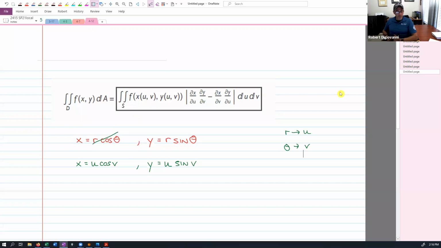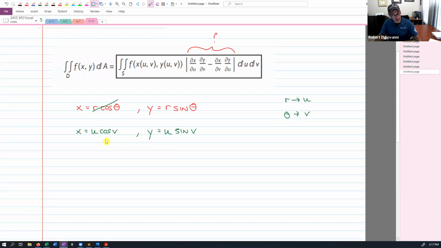Now, according to this formula, in order for us to figure out that part that we have to include, the Jacobian determinant, we need to take the partial of x with respect to u, multiply times the partial of y with respect to v, subtract the partial of x with respect to v times the partial of y with respect to u, and then make sure we take the absolute value of all of that.